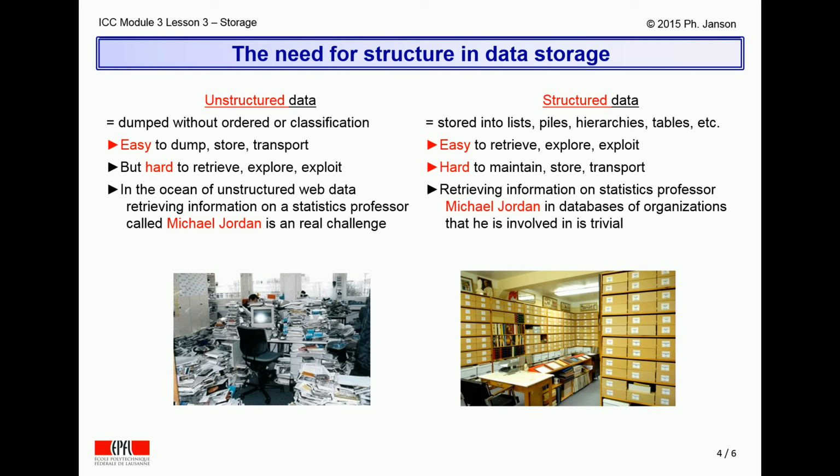Even if one adds the keyword statistics to the search, the top 10 Google results will be on the basketball star statistics. By contrast, finding information on this professor in the structured databases of any of the many organizations that he's involved in is trivial.